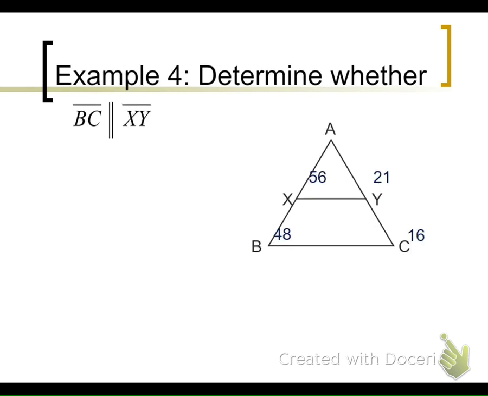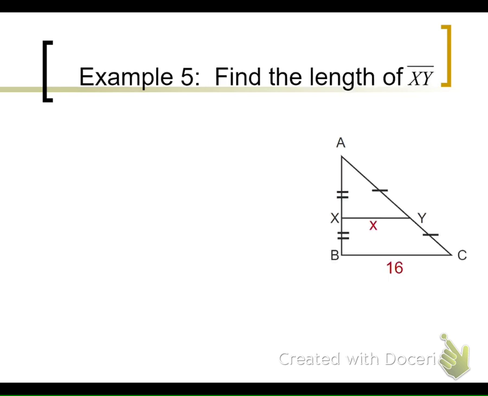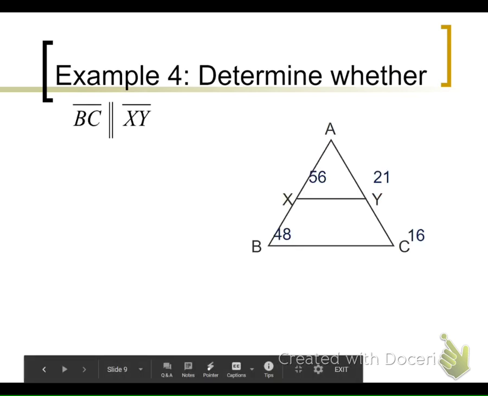Here we're determining whether it's parallel, so we have to see if those proportions are the same. We're going to write that 56 over 48, the top part over the portion we add to make the big length. On this side, we have the top part being 21, and the added part is 16. We have to see if these two fractions are equal. What goes into both 56 and 48? 8.